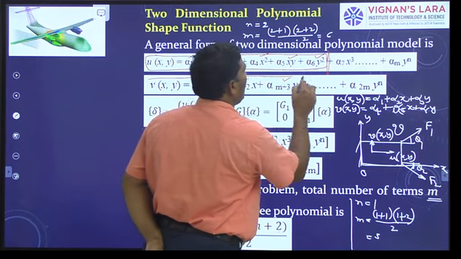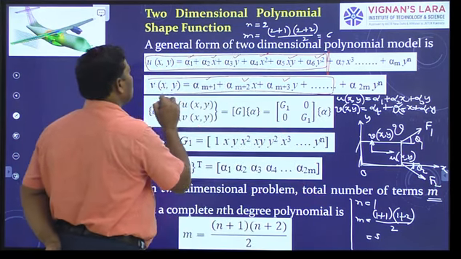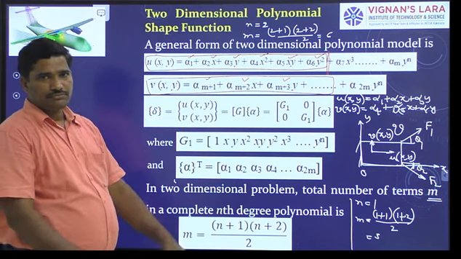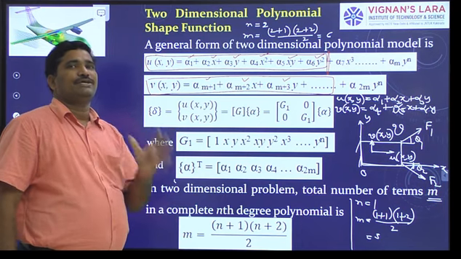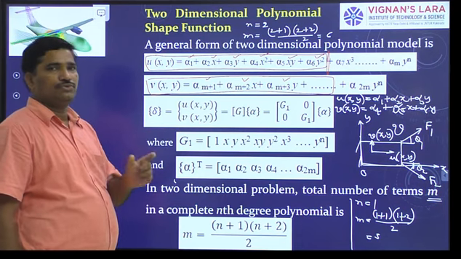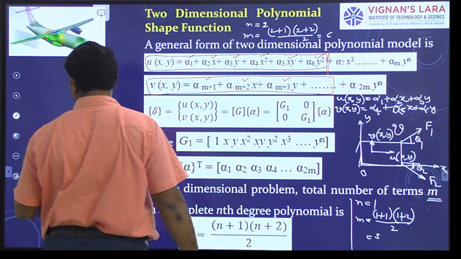It ends with alpha m plus 6 into y square. In each polynomial, how many terms will appear? 6 terms when n equals 2.